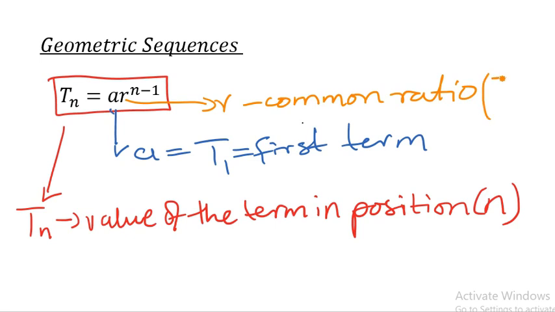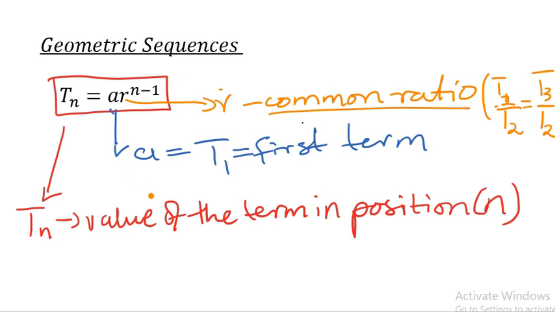We say T2 divided by T1, and this should be the same as T3 divided by T2, the same as T4 divided by T3, or the same as T10 divided by T9. That's how we find the common ratio.